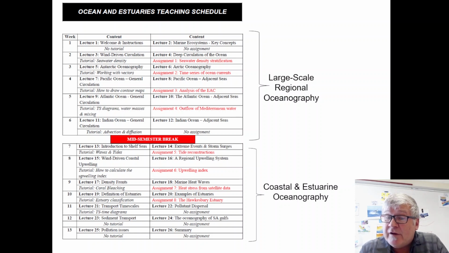And again, we have a number of assignments closely linked to the lectures. We, for example, have an assignment about the upwelling index, or heat stress, the marine heat waves, stuff like that.